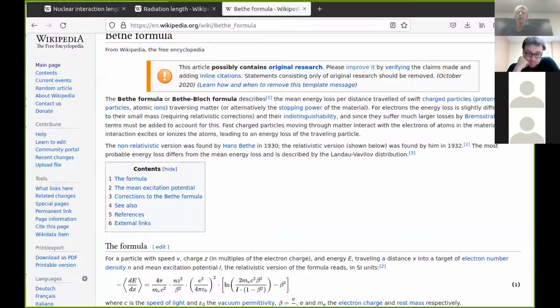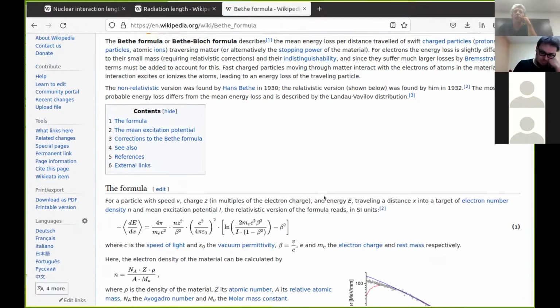Again, this isn't for you to completely learn everything. This is meant to be an overview, right? All right, so the Bethe-Bloch equation, Hans Bethe in around 1930.